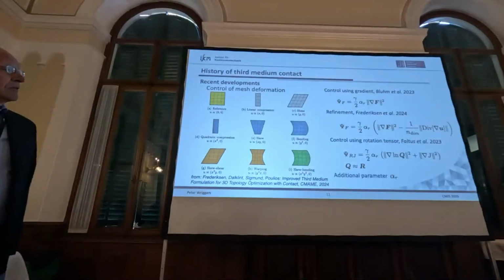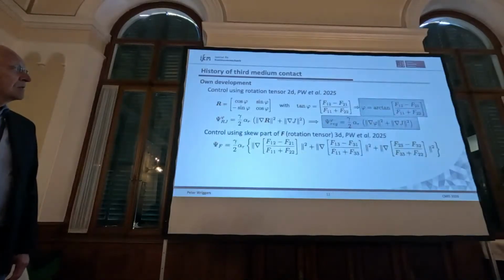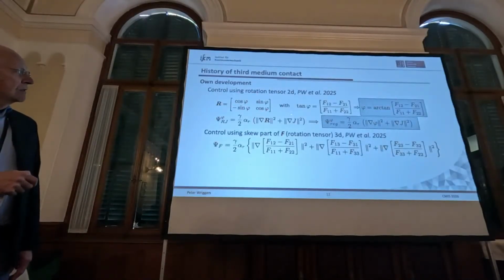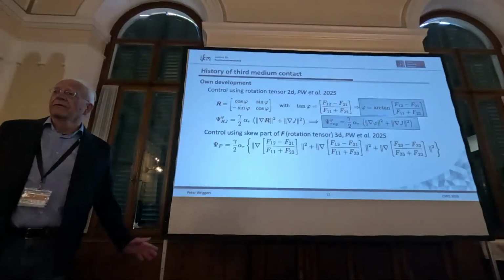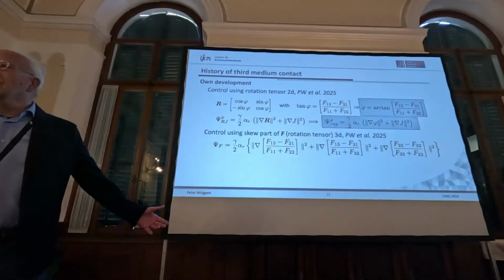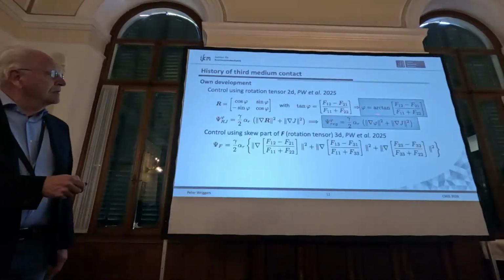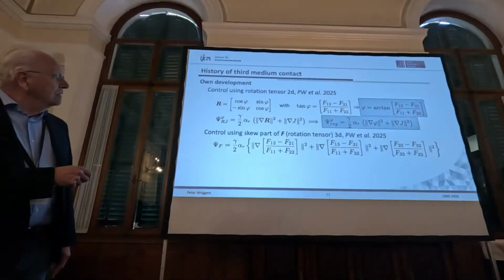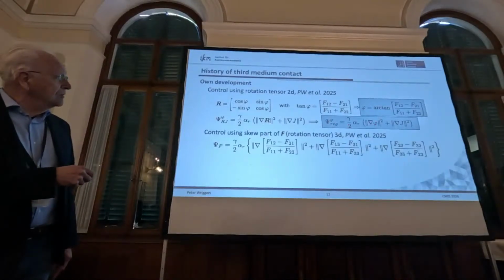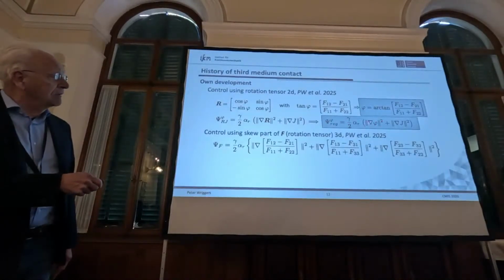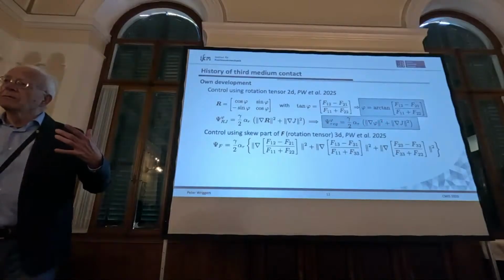When I looked at that at this time, I had the idea that if you have the R in 2D, you can compute the angle as a function of the components of F, which is pretty easy. If you have that, you can then put the gradient of R as a scalar, which is actually the same. So you have a regularization function which is very simple.